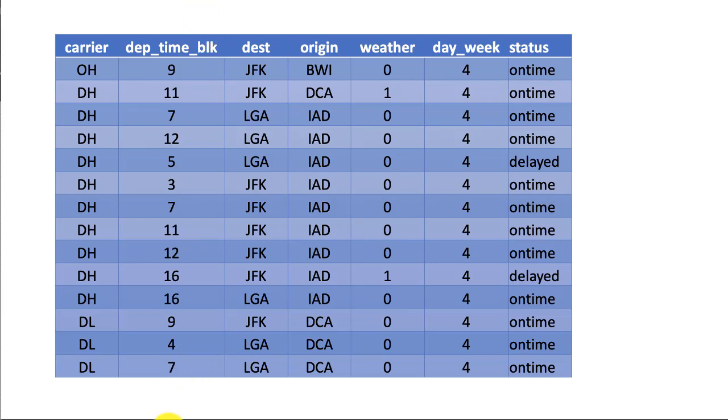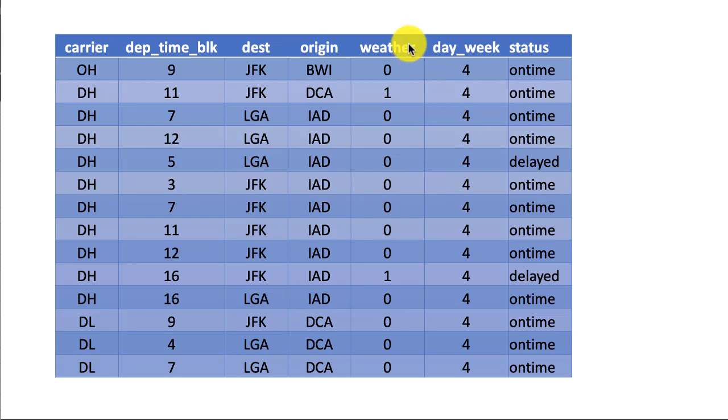So we are not dealing with exact departure times, but simply the hour in which the departure occurs. Then we've got the destination airport. There are 3 airports: JFK, LaGuardia, and Newark. Then you've got the origin airports, of which there are 3 in the capital area: Baltimore Washington International, the National Airport, DCA, and IAD, which is the Dulles Airport. So there are 3 possible origins and 3 possible destinations.